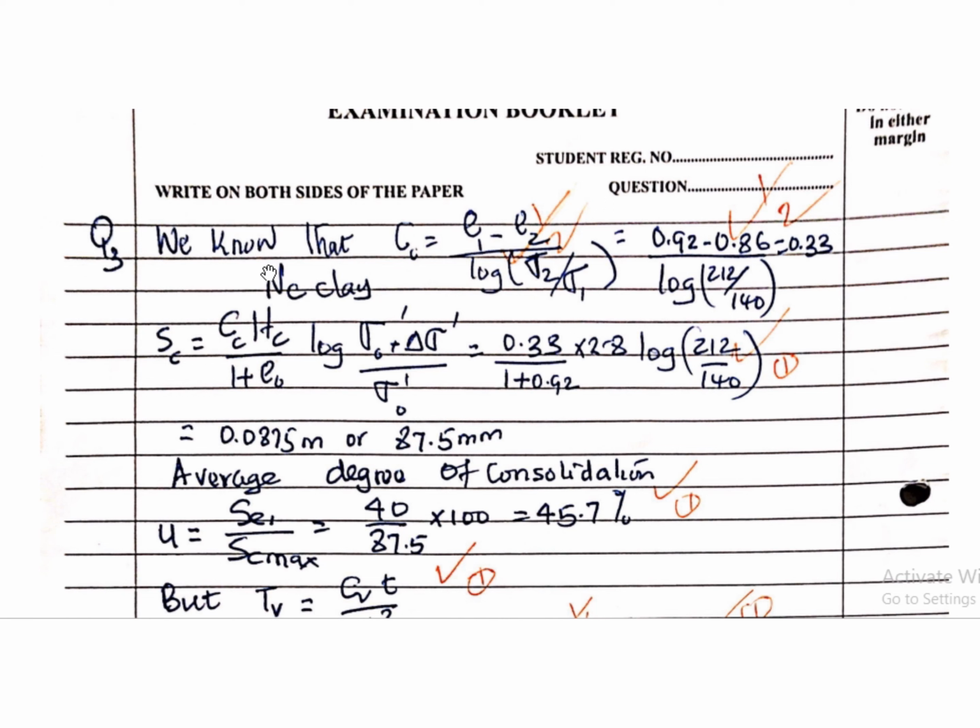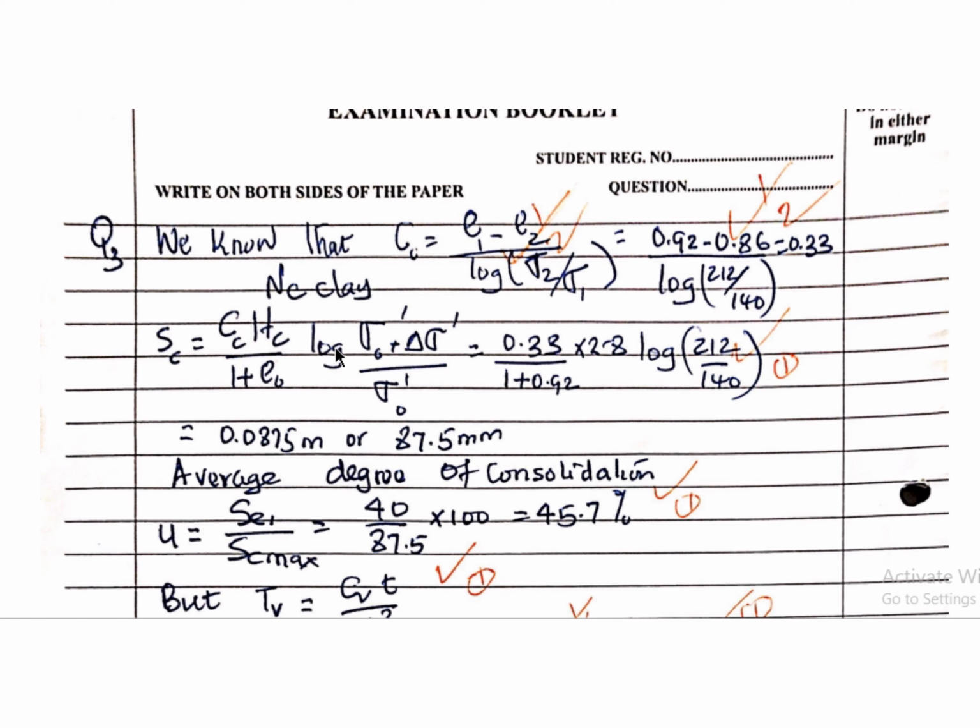So normally, because the question is very clear on the normally consolidated case, the formula to get settlement is different based on whether it is normally consolidated or over consolidated soil. It is also important whether the soil, in the initial condition, is normally consolidated.